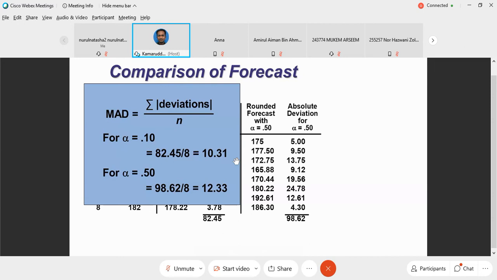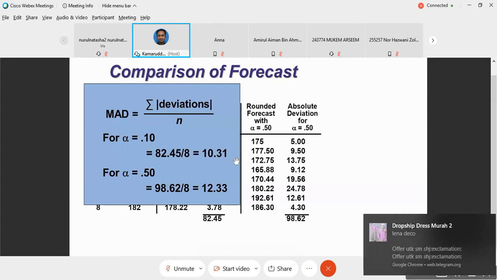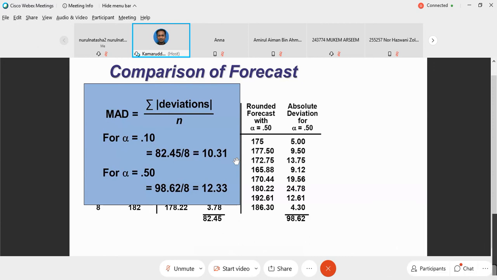Kamu kena nyatakan kenapa kamu pilih forecasting teknik tersebut dan berdasarkan yang manakah memberikan nilai mean absolute deviation yang terendah. Okay, ada soalan? Any question regarding the measuring error using the mean absolute deviation? Ada soalan tak?